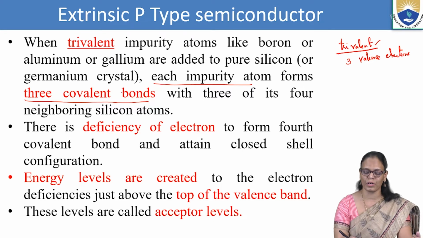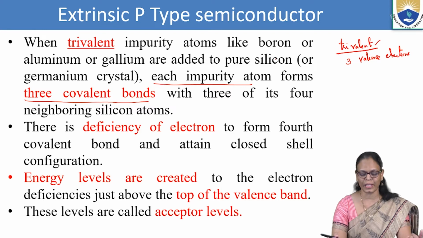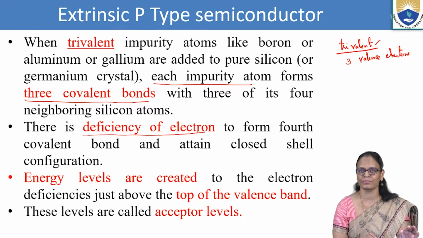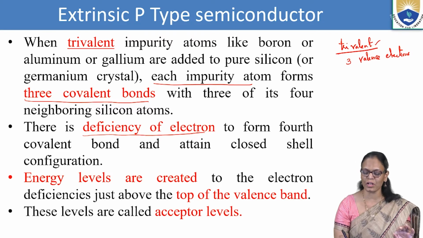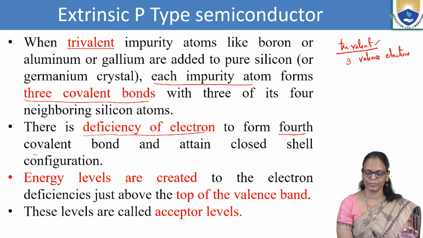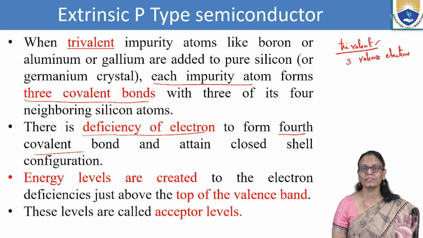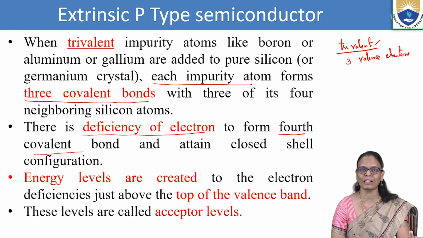It will form bonds with the neighboring atoms, and always there is a deficiency of electron to form the 4th bond. For a closed shell configuration, or octet configuration, or stable configuration, it needs 8 electrons.